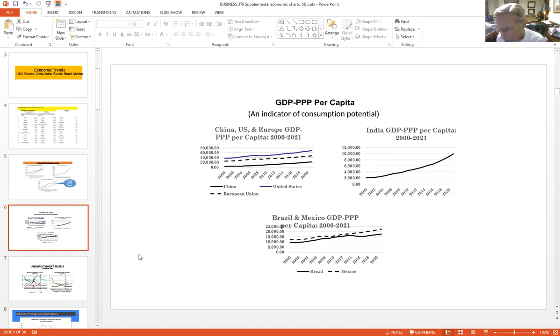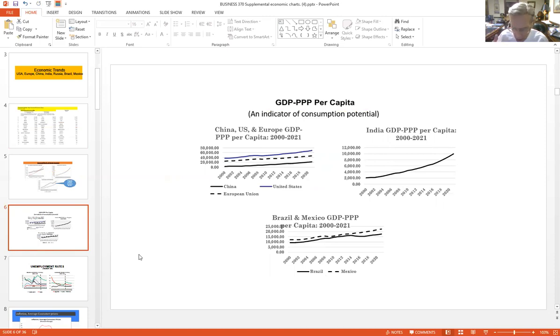But you can see that by 2020, it will have multiplied 5 times. It will have grown 400% to be 500% of the level in 2000 at about $10,000. So we see this rapid growth occurring in India.